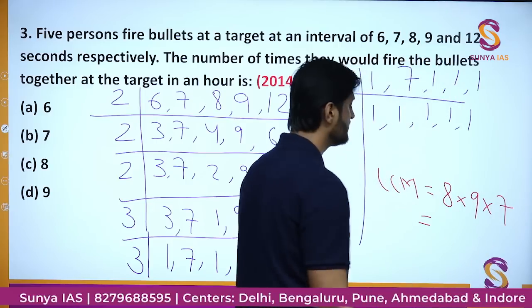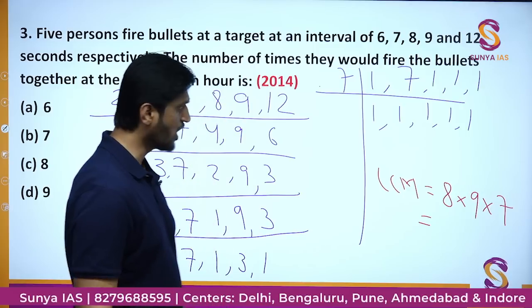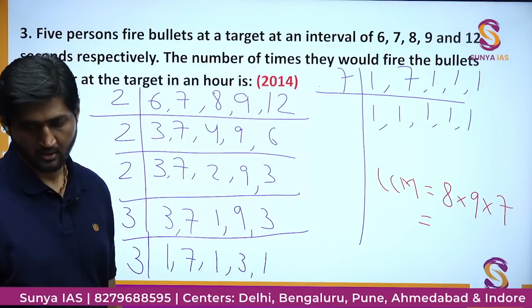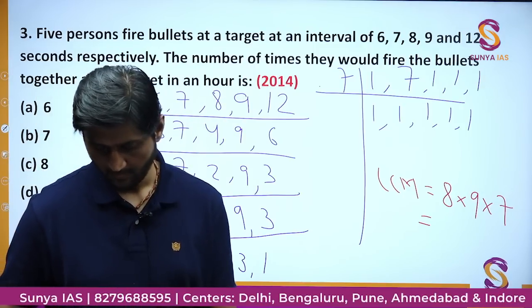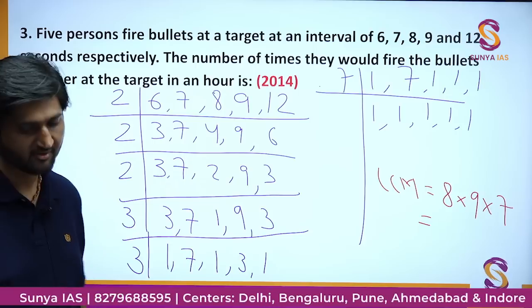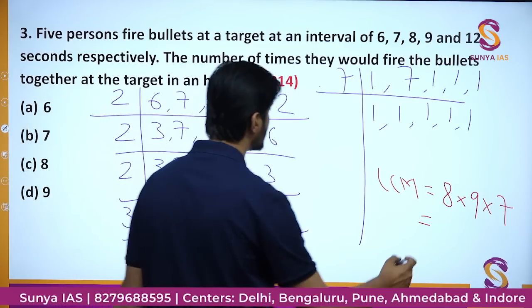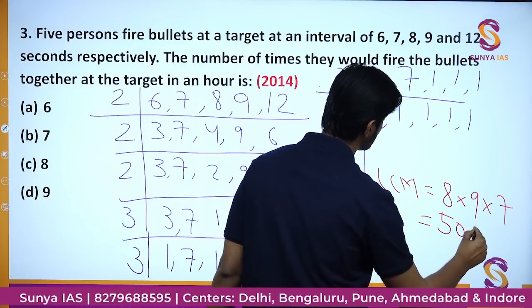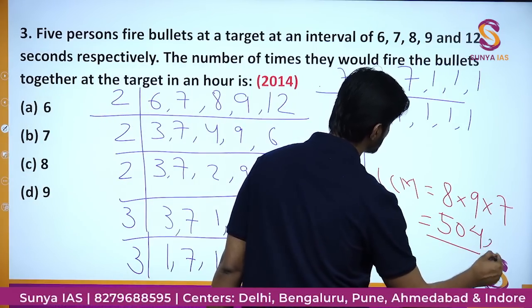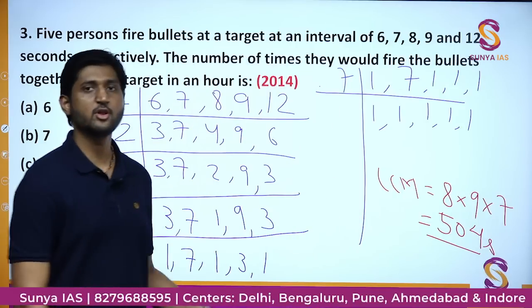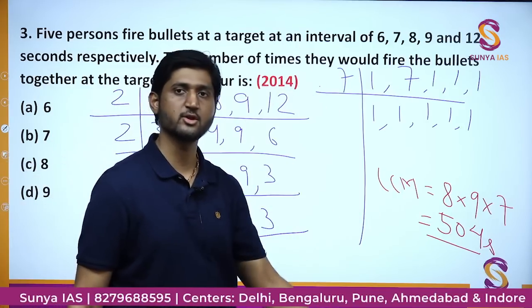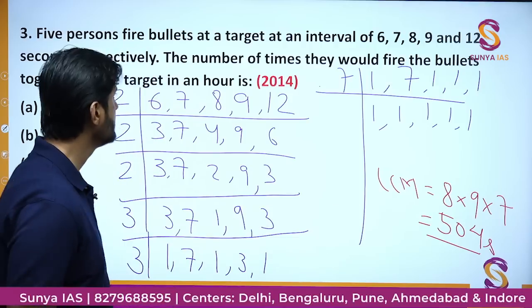So if you find the value, how much is it going to be? If you find the LCM of all these values, you'll actually get the value of 504. And so in 504 seconds, they will all fire simultaneously, all of them. Okay, that is the first part of the question.